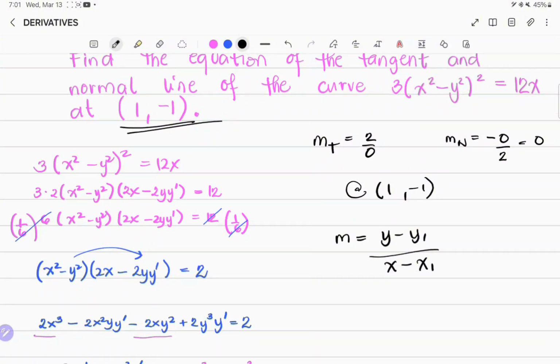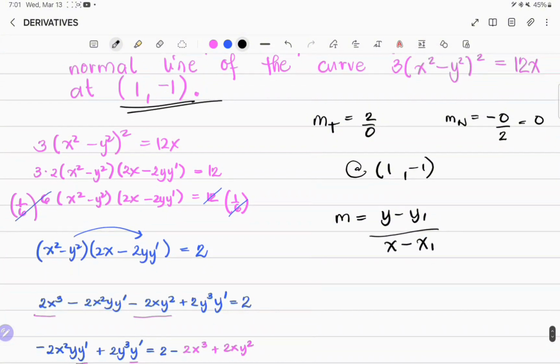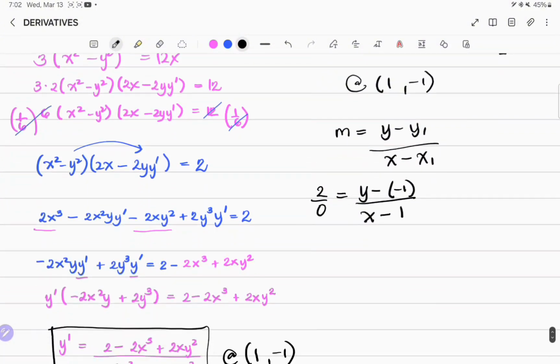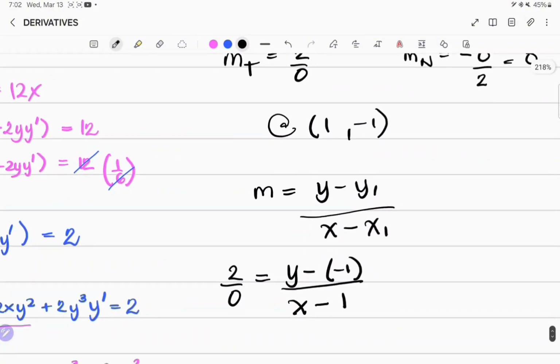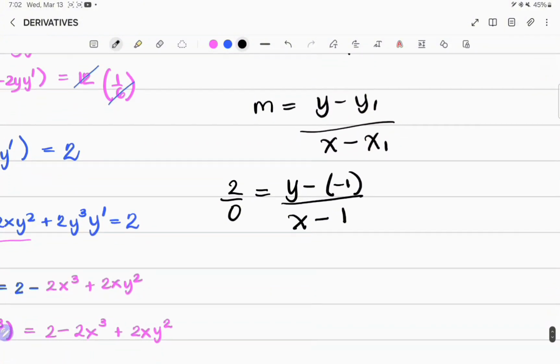So for the equation of the tangent line, we have 2 over 0 equal to y minus y sub 1, which is negative 1, over x minus x sub 1, which is 1. As we simplify this, it becomes 2 over 0 equal to y plus 1 over x minus 1.